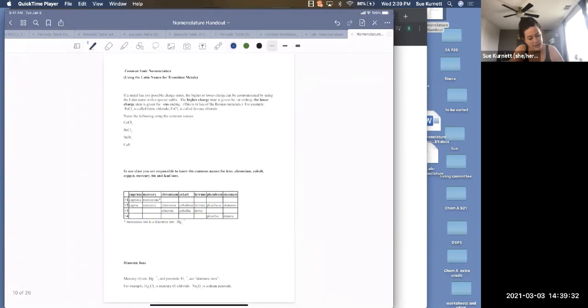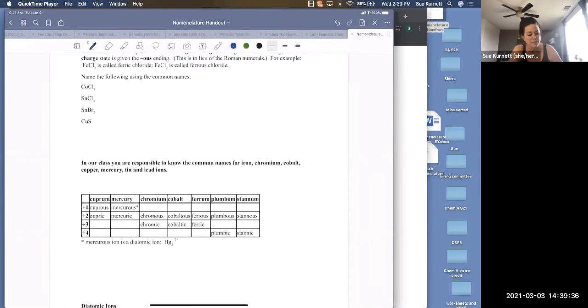Okay, and then we get to some Latin stuff. For these ones, copper and mercury can be +1 or +2. Chromium, cobalt, and iron can be +2 or +3. Lead and tin can be +2 or +4. In the old-fashioned times, they used some Latin nomenclature.